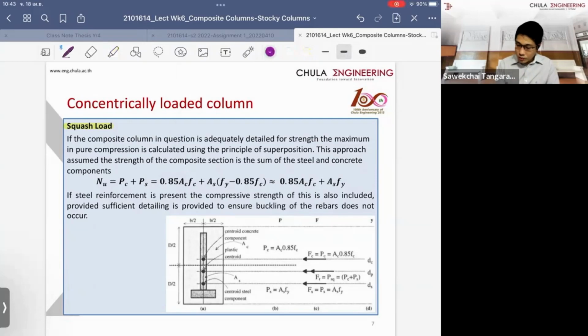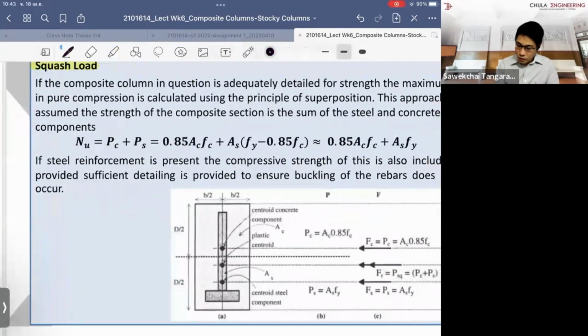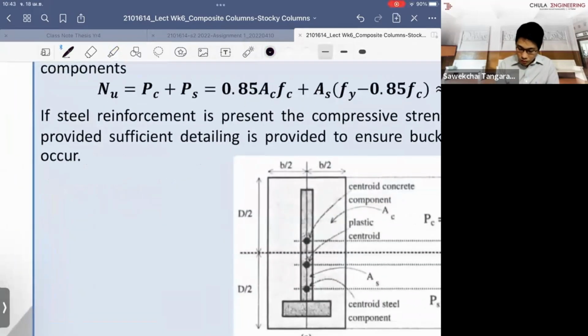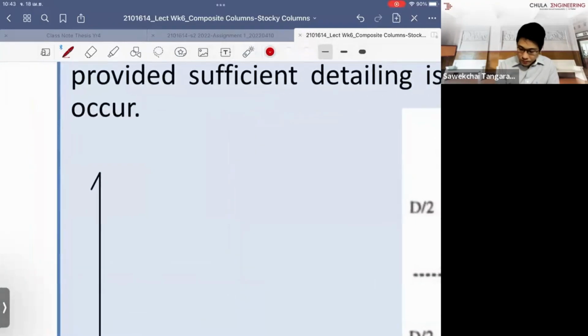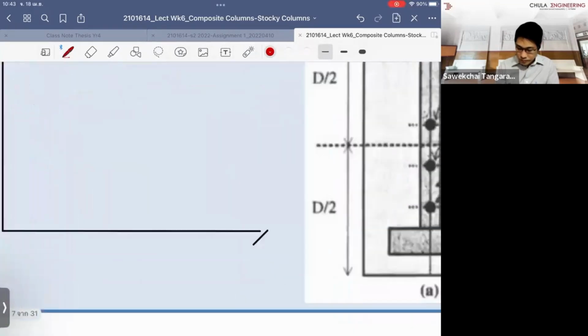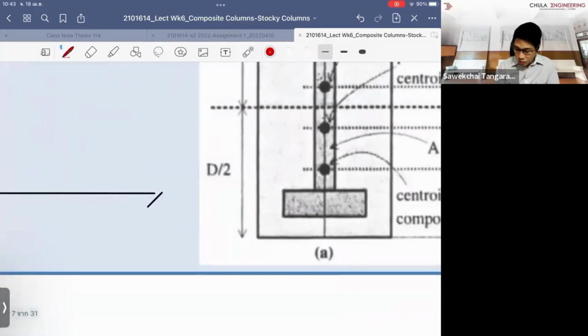Remember, I'm sure that you have already done the reinforced concrete and also the steel designs. We talk about the interaction diagram between the axial force and also the bending moment.